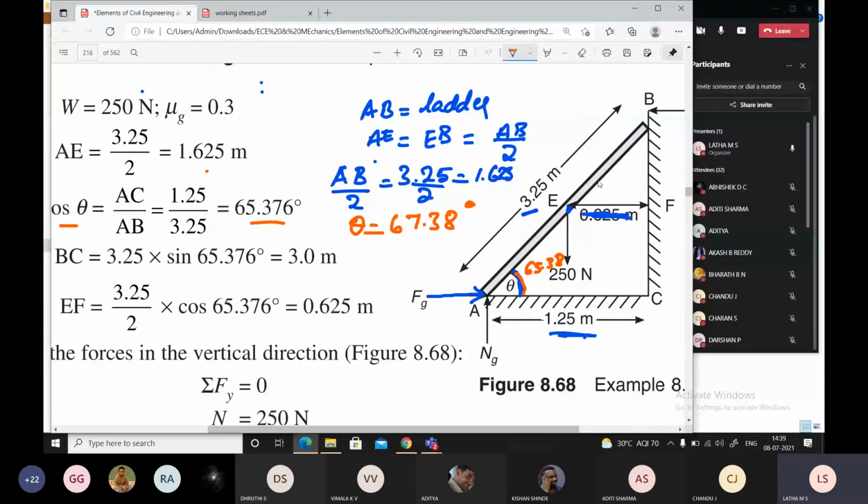What about this angle, students? Now, what about this angle by the geometry? This angle is also 67.38. Do you agree? Yes or no? Yes, ma'am.